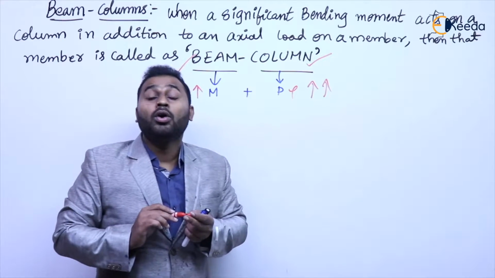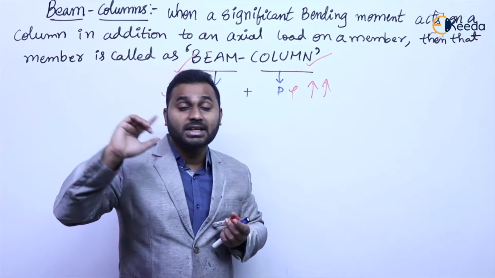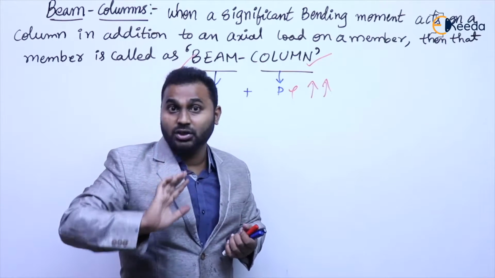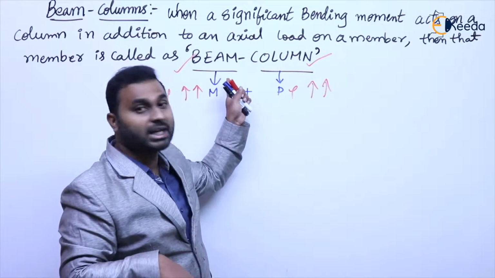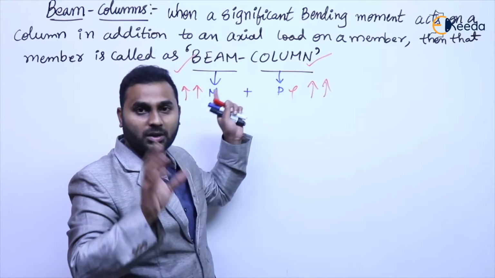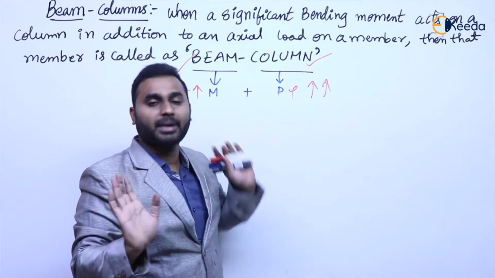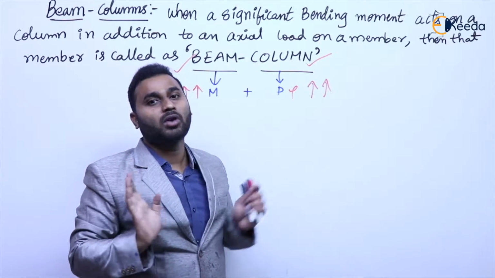Now, the column base we discussed at the end of our discussion of the design of compression members, that is the pocket base, comes under the beam column category. So this is what beam column means.